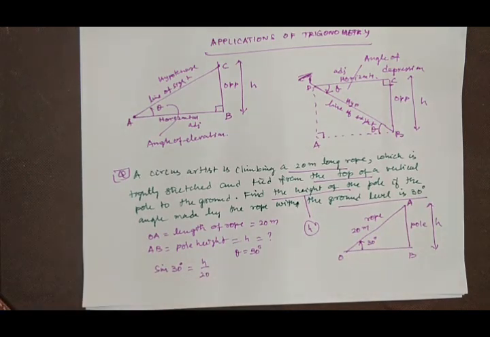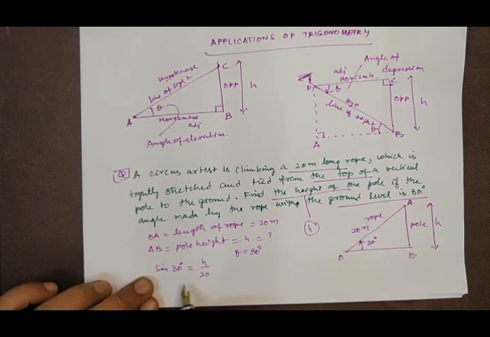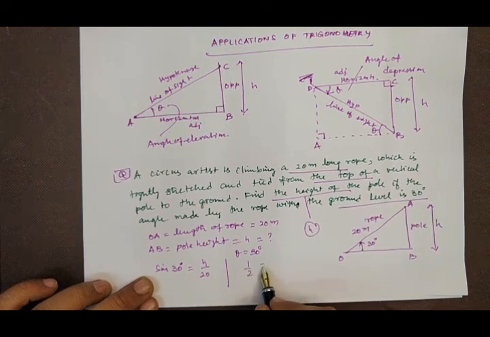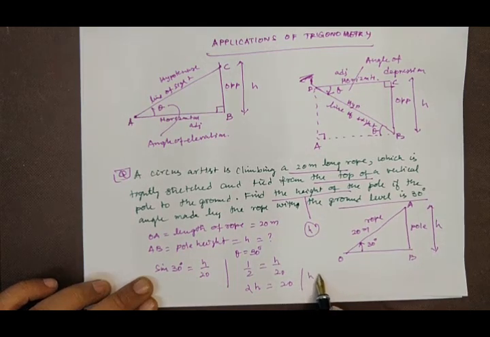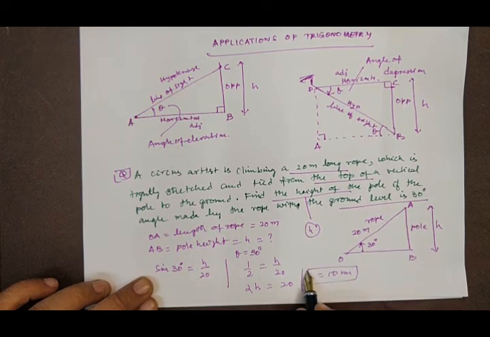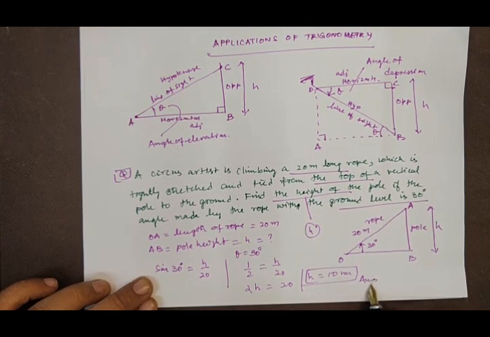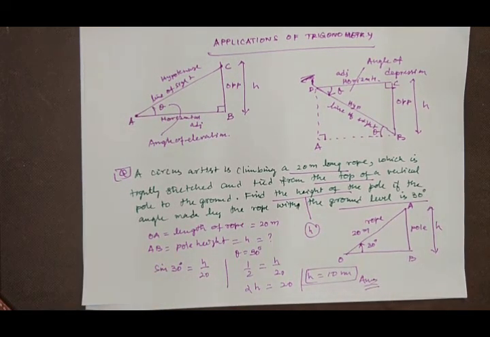Are you able to follow? We know already sine 30 is 1 by 2, is it not? So 1 by 2 is equal to H by 20. Therefore you can cross multiply. So 2H is equal to 20 and H is equal to 10. So 10 meters is the height of the pole.